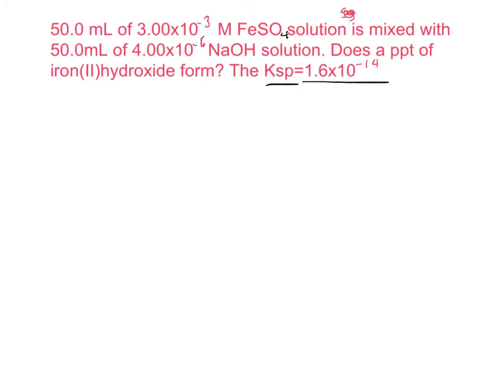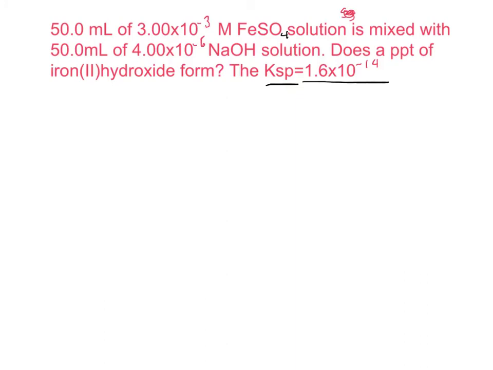My total volume after I've mixed it is 100 milliliters. So what I want to do first is calculate the number of moles of iron(II) sulfate, and then calculate the number of moles of hydroxide from sodium hydroxide, and then use those moles to calculate molarity. Alright, so let's get started.